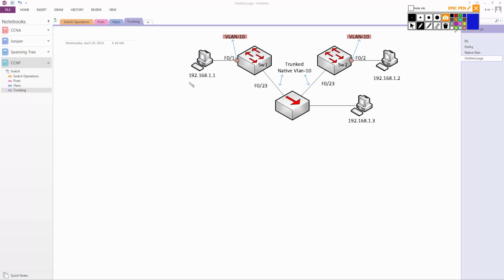So here we have PC1. We're going to change the IP addresses to 192.168.1.1, 1.2, and 1.3. But we have to understand exactly what we're doing here. Instead of having our existing PCs, just like we had before, where we had switch 1 and switch 2 sitting over here, and they were connected just like so. And we had our PC sitting over here, and another PC sitting over here, and they were connected so.